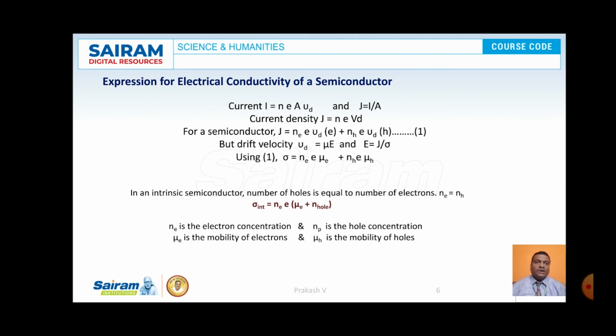So sigma intrinsic = Ne·e(μe + μh), where μe is the mobility of electrons and μh is the mobility of holes. This is the expression for electrical conductivity of a semiconductor.